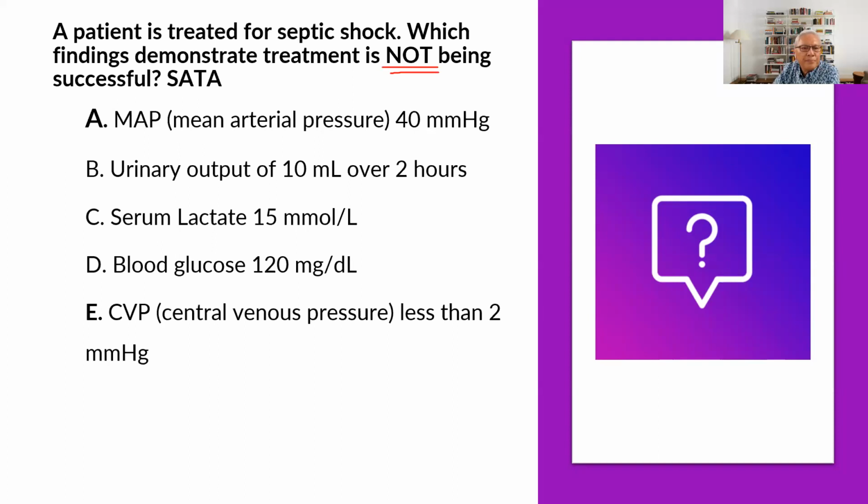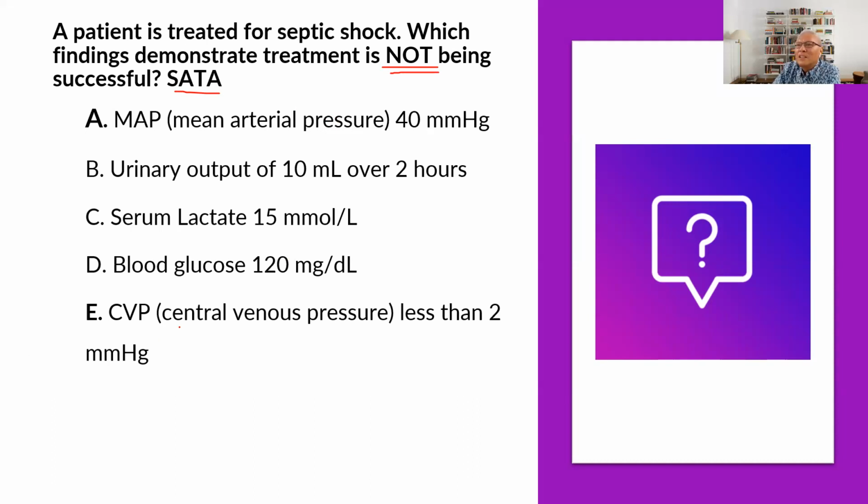Give me your answers. Remember, this is a select all that apply. In the new generation NCLEX, the good thing about select all that apply now is that it's right minus wrong. In the past, the scoring was quite different, but now if you got something correct, it's right minus wrong.